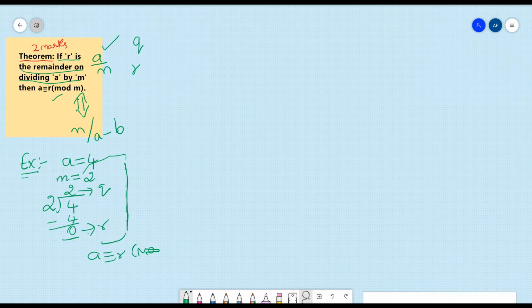A is congruent to R mod M. In this case, in place of B, I should have R. So this is if and only if this can happen, or with the definition of congruence, that is M divides A minus B. So what is the value of M?